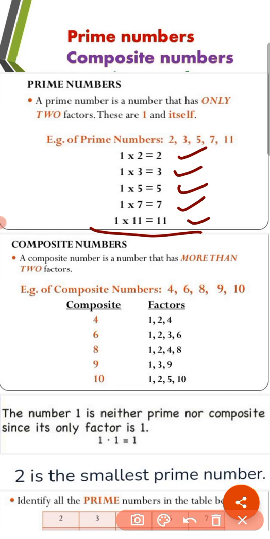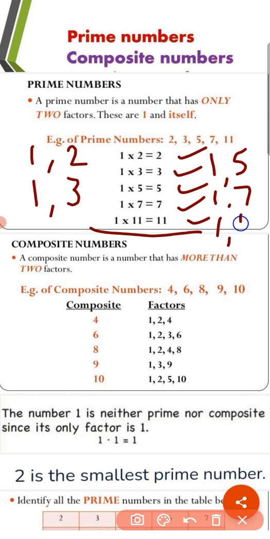2 has two factors, that is 1, 2. The 3 has two factors 1, 3. Similarly, 5 has two factors 1, 5, and the factors of 7 are 1, 7, and the factors of 11 are 1 and 11.